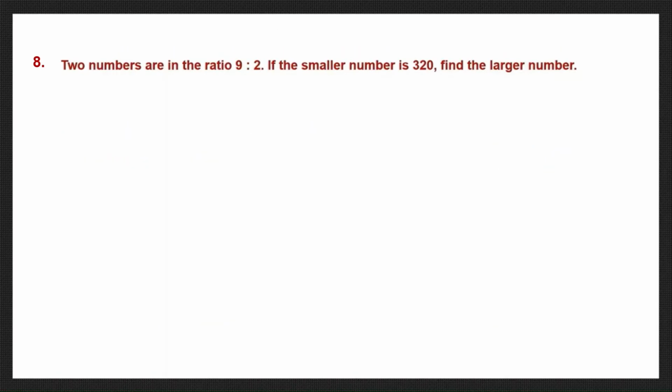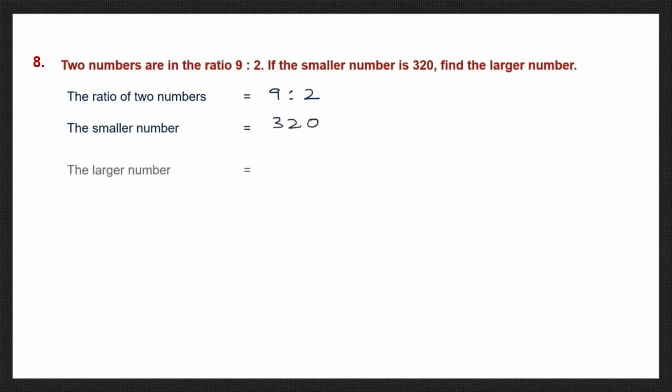Two numbers are in the ratio 9:2. If the smaller number is 320, find the larger number. Now let's write the ratio of two numbers. The ratio is 9:2. Then we write the smaller number that's given to us as 320.